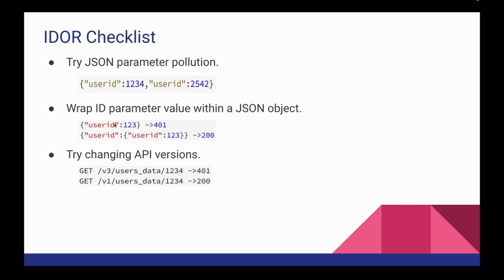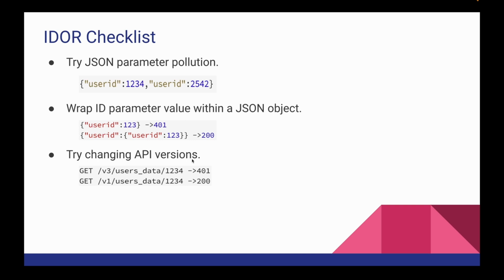This is the actual JSON request parameters which are there in this format. So you have just wrapped the value in an array in the JSON object, and you might get bypassed and get the information of the victim.